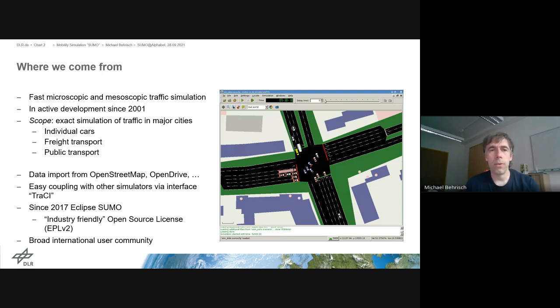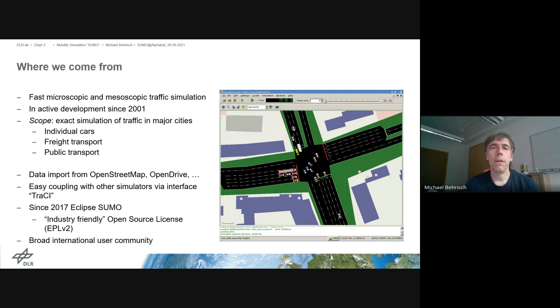It was intended as a general interface, not only usable with SUMO, but with other traffic simulators as well. But in fact, as of the current state, I don't think any other traffic simulator implemented this interface. So it is basically the SUMO API.